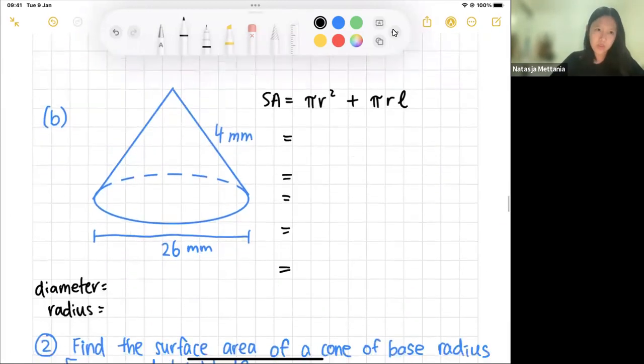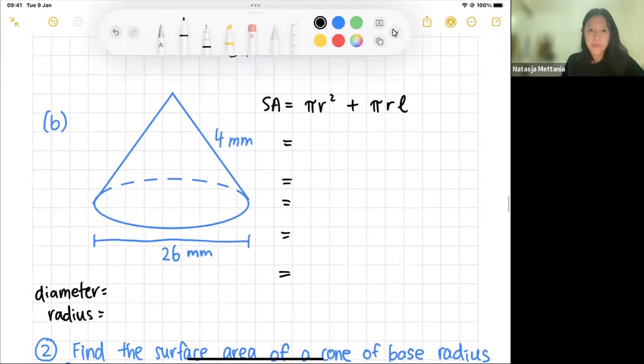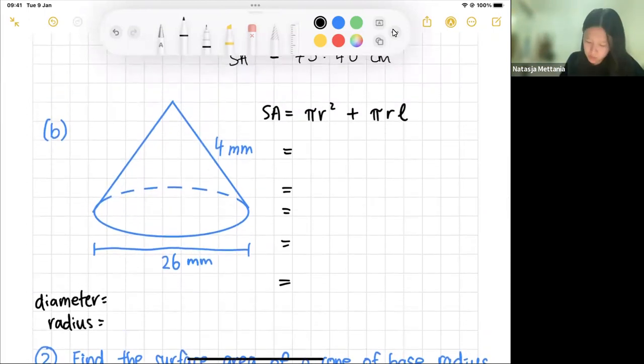Let's go to our second question, which is this cone here, B. Again, I've written down the formula. Let's start doing it. Oh, okay, we're dealing with a diameter, so we don't have our radius yet. Our diameter is 26 millimeters.